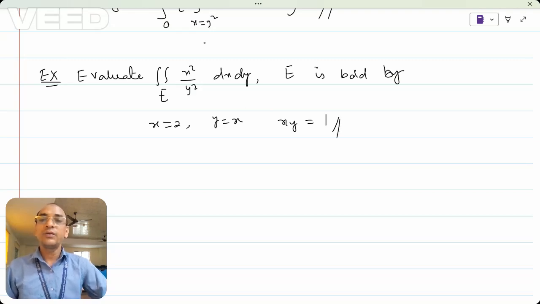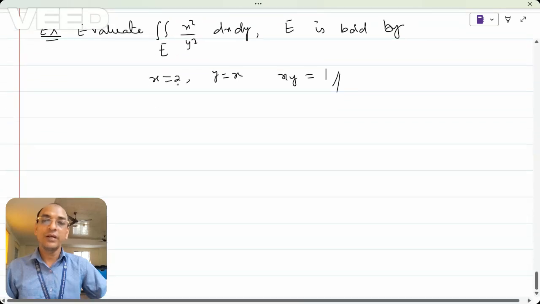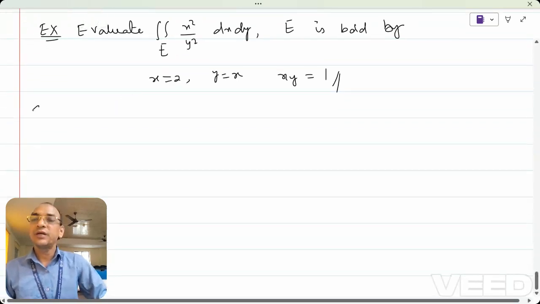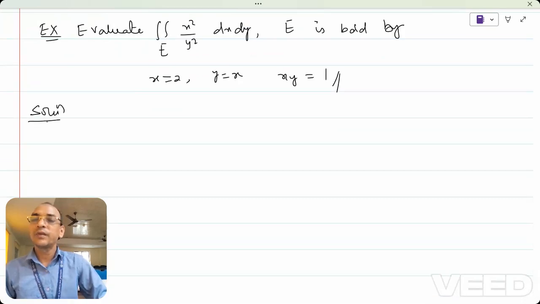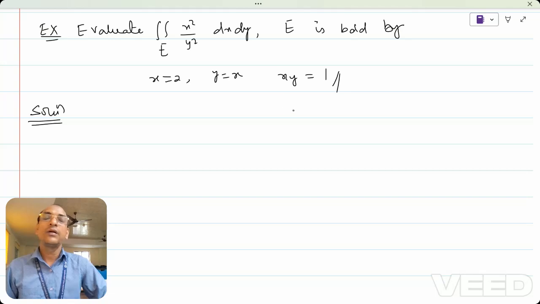Now in order to evaluate this over the region E, we need to find the limits of x and y. So how can we get the limits of x and y? If we draw the region, then only we will be able to find the limits. So how can we draw the region? This is the xy plane, x and this is my y.